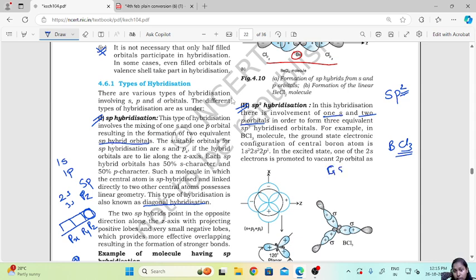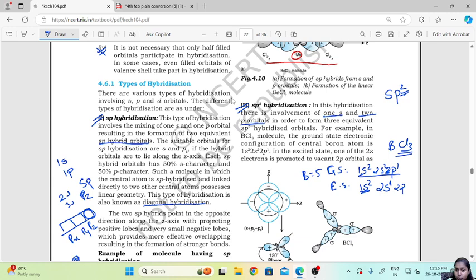Again, the ground state electronic configuration of boron is 1s2, 2s2 and 2p1. Yes or no? Because boron's atomic number is 5. Now when it goes to the excited state, what will happen? 1s2 will remain like that only, but 2s and 2p will change.